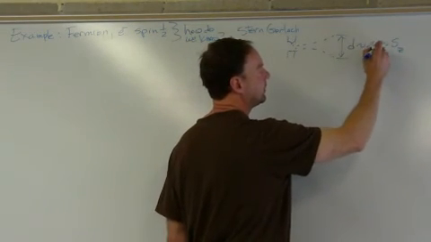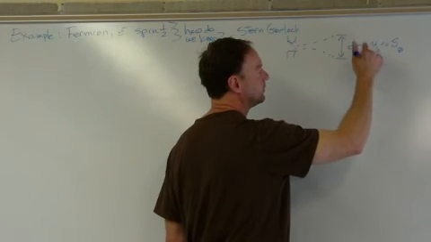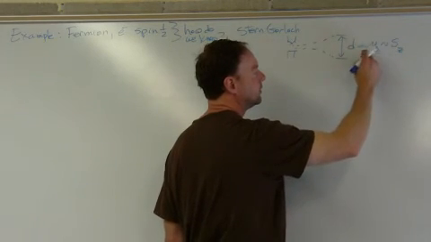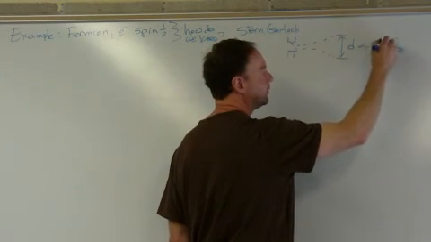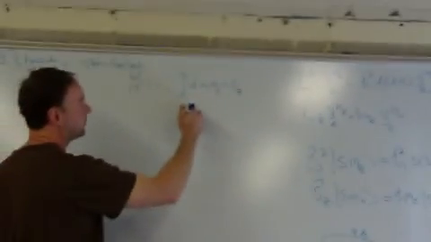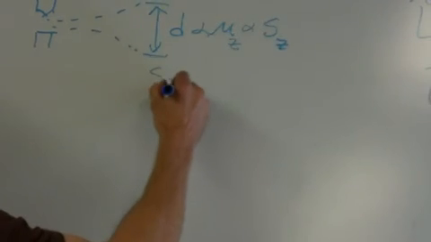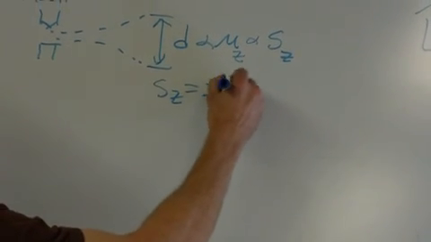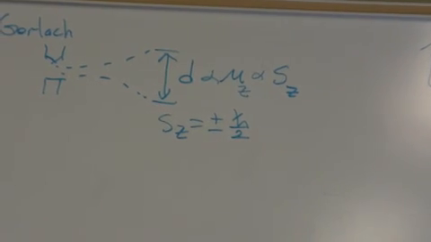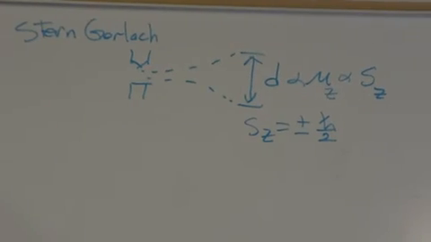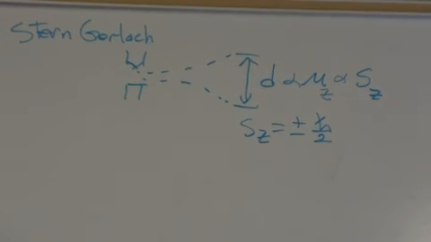The distance of separation is proportional to the z component of the magnetic dipole, which is proportional to the spin in the z direction. And when you go through and crunch out those numbers, what you find is Sz equals plus or minus h bar over 2. I'm not going over that in great detail. We did it in modern physics. Griffiths actually covers it coming up.